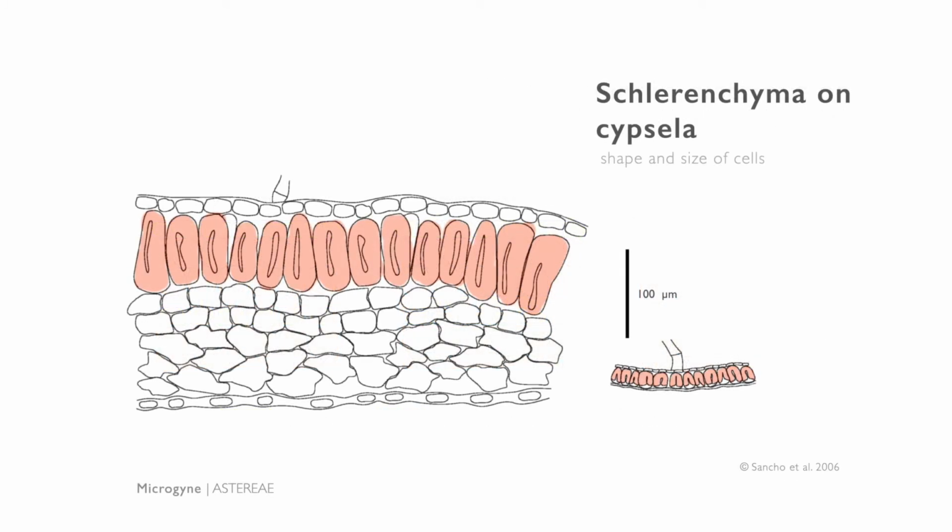The sclerenchyma on the cypsela could also offer some source of microcharacters, like in this paper by Sancho et al. from 2006, where the sheer size of the sclerenchyma layer was useful to differentiate the two species in the genus Microgyne in the Astereae.